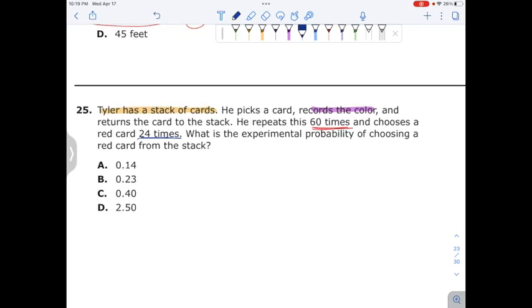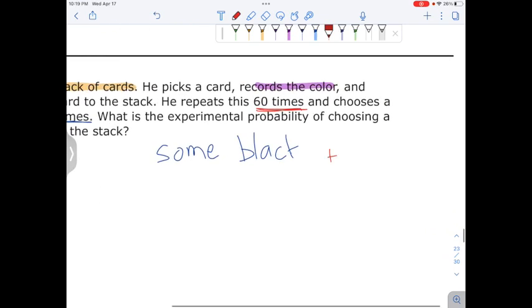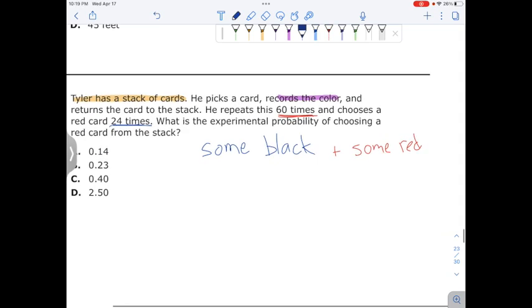If it's a standard playing deck, then some are red and some are black. That's what's true about the cards. So if we want to find a probability, we could write this as a fraction. He picked red 24 out of, that is my cat licking the tablecloth, out of 60 times.